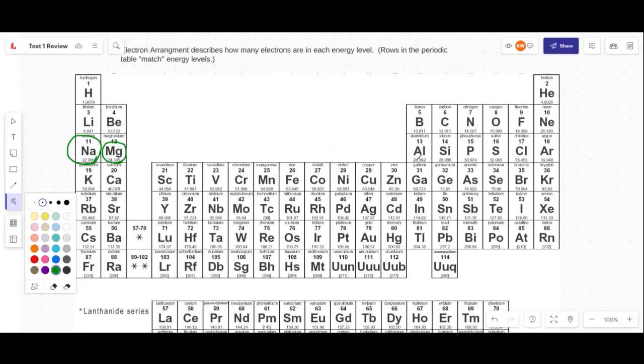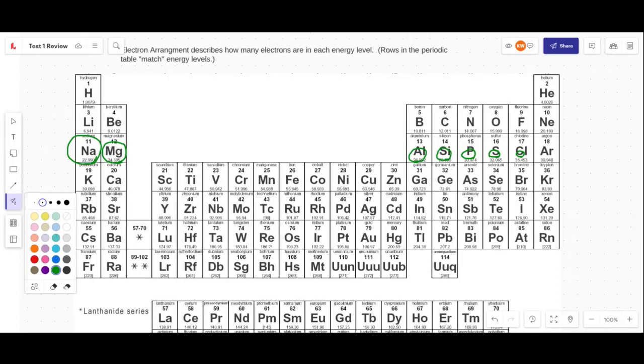Magnesium's only this big, then aluminum's only this big, and silicon's only this big. The nucleus is getting bigger, but remember, the nucleus is only the size of a basketball. The Texas Stadium is getting smaller. It just keeps getting smaller because more and more protons are pulling the electrons tighter towards the nucleus.